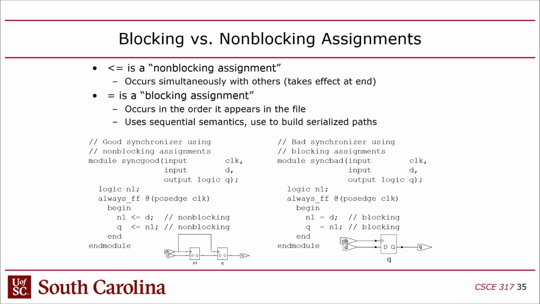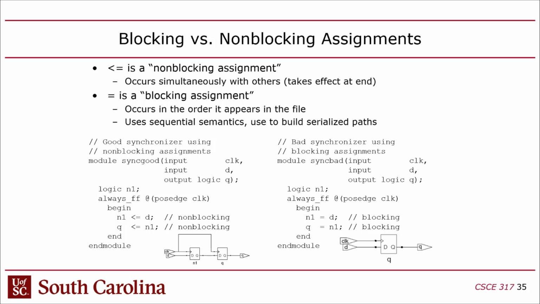Which in the case of hardware will cause, for example, these two are the same, the only difference is the assignment statement. In this case, this is going to create a shift register, 2 flip-flops connected in series. And this one just basically collapses down into 1 flip-flop, because if I say N1 gets D and then Q gets N1, this is basically just creating 1 flip-flop because N1 becomes equivalent to D, right?